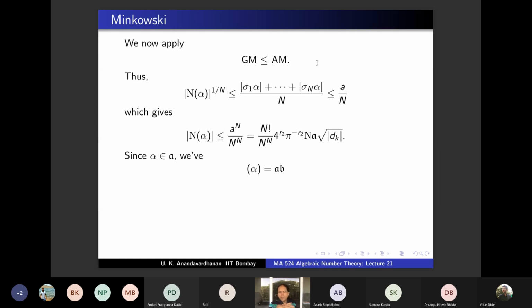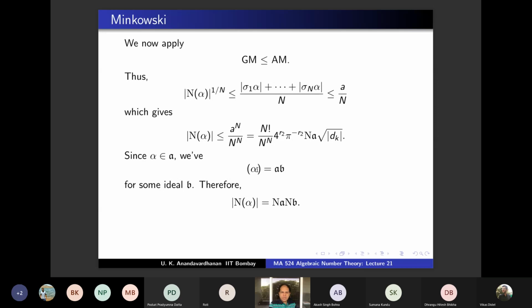And because you are in a Dedekind domain, you know that A divides alpha. If A contains alpha, then A divides alpha because you are in a Dedekind domain. And that means there exists an ideal B such that the product AB is this ideal alpha. Therefore, the norm is multiplicative.